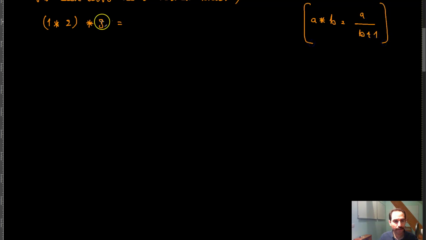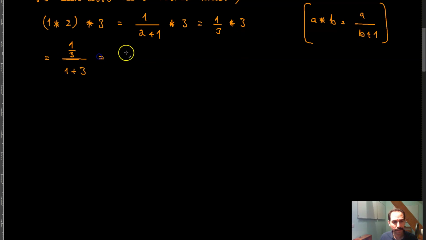So then you can say that 1 star 2 is equal to 1 over 2 plus 1, which is 1/3, star 3, which is the same thing as 1/3 divided by 1 plus 3, which is the same thing as 1/3 divided by 4, which is equal to 1/12.